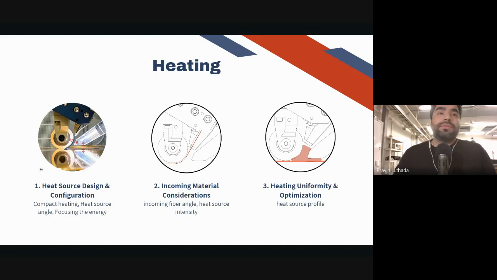And sometimes that would involve different strategies that you can employ to get the exposure higher for the incoming tape. But you don't want it to get too high, because then you might end up burning the incoming tape as well. So there is a balance. So you really need to have a heat source that is really well designed for approaching this.